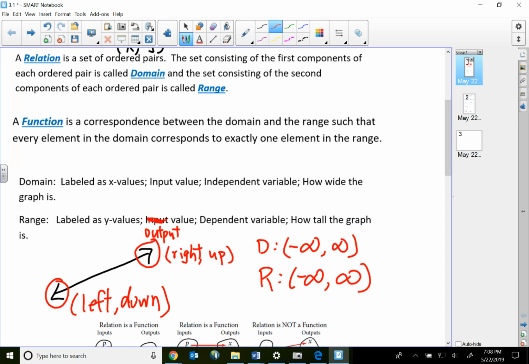Okay, so let me re-say this definition of a function.